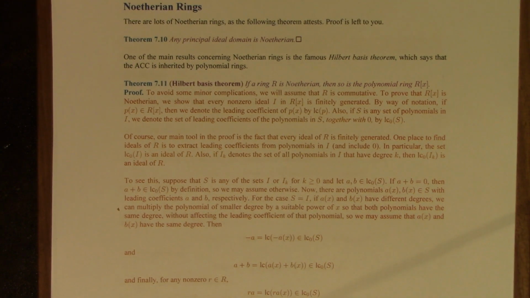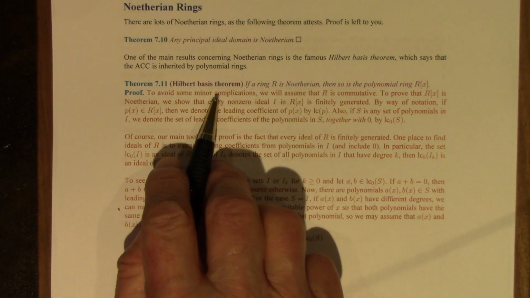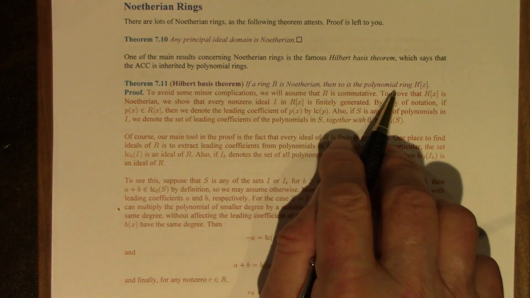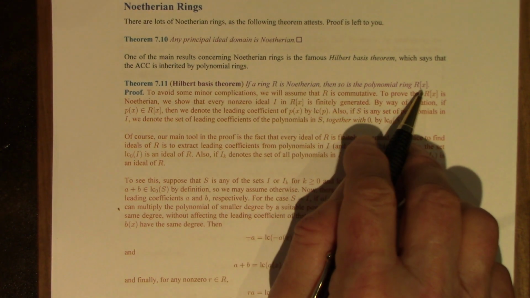One of the main results concerning Noetherian rings is the famous Hilbert basis theorem, which says that the ascending chain condition is inherited by polynomial rings. So if a ring R is Noetherian, so is the polynomial ring R square bracket x.